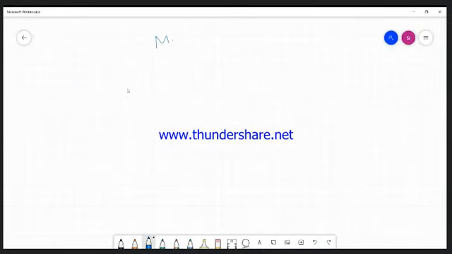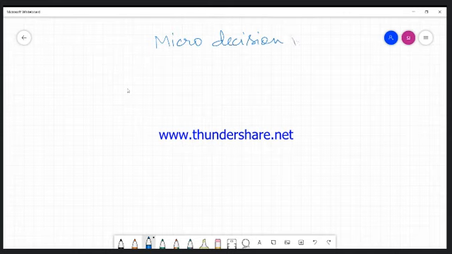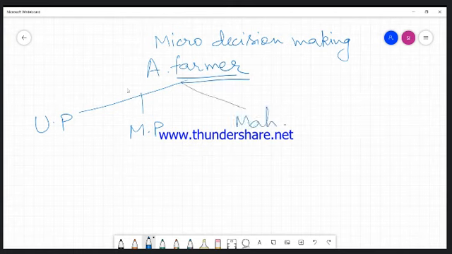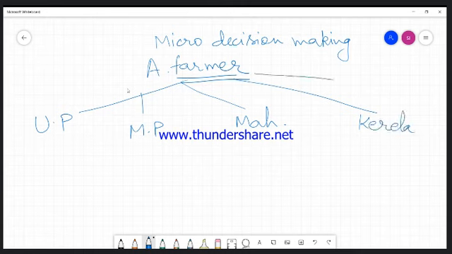Let me explain like this. Suppose you are talking about micro decision making, and our subject of study is a farmer. So a farmer in say UP, MP, Maharashtra or Kerala or USA, this all is micro.